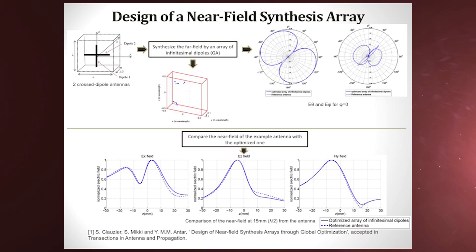You can use this infinitesimal dipole model to synthesize any near field or any antenna distribution. The next thing we're doing now, you'll hear talk about small antennas and so on. So the question is, can you optimize these things to occupy less space, giving a smaller size antenna? We talk about small antennas and so on. Can you do that and still have the same far field?